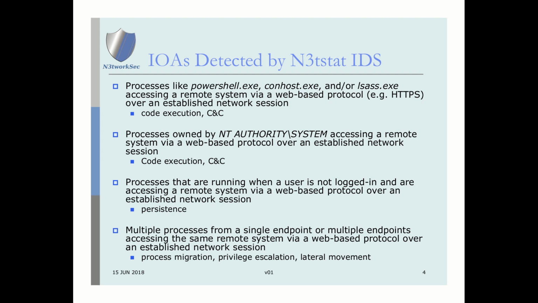This could be indicative of persistence. It also identifies multiple processes from a single endpoint or multiple endpoints accessing the same remote system via a web-based protocol over an established network session. This could be indicative of a process migration, privilege escalation, lateral movement.